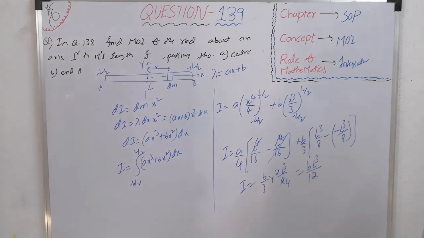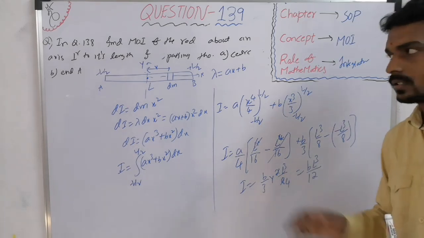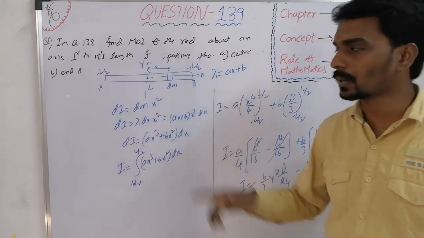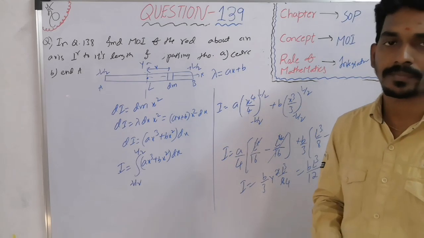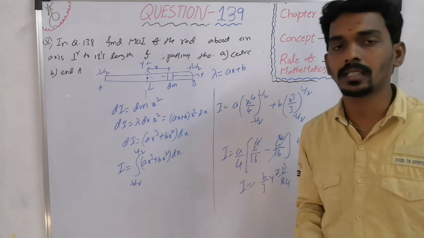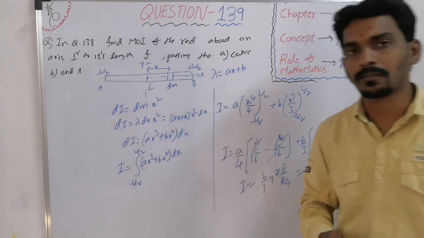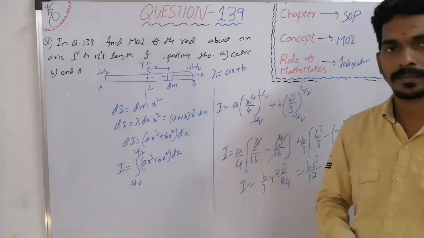So this is what? The moment of inertia of the rod. About which axis? About an axis perpendicular to its length and passing through midpoint, center, not center of mass. If they ask center of mass, then you have to go in another different way, because first you have to find the position of center of mass, then you have to find the moment of inertia about that.